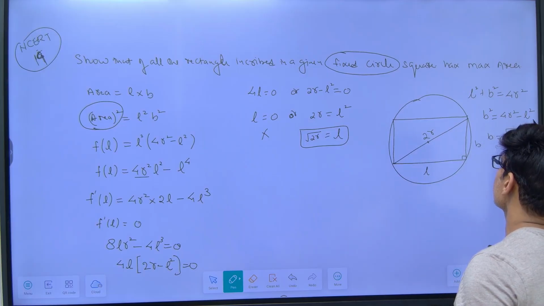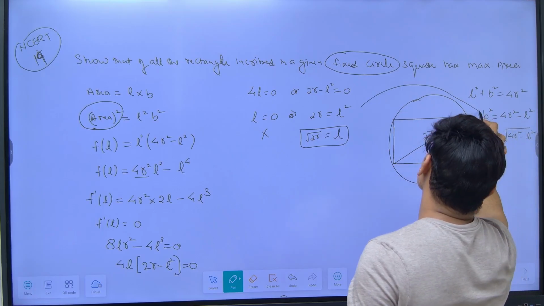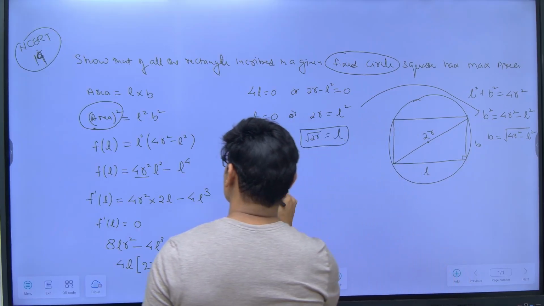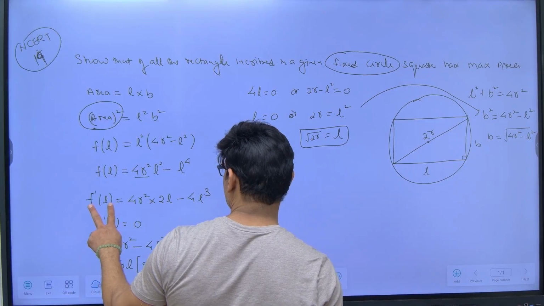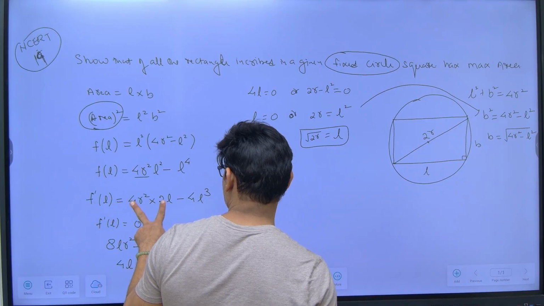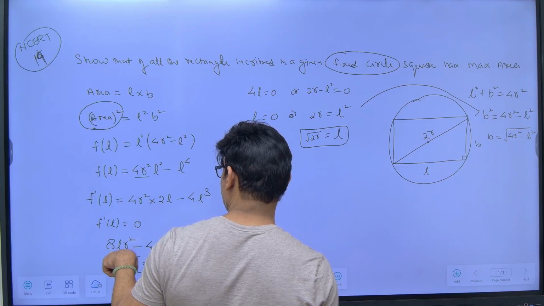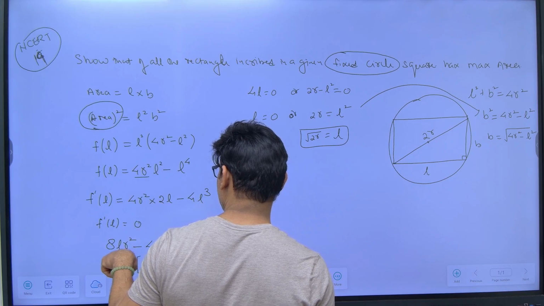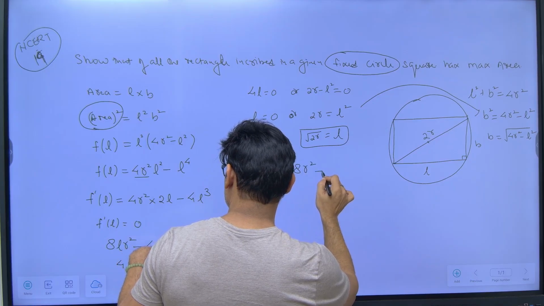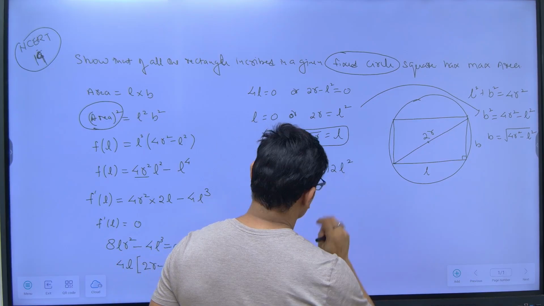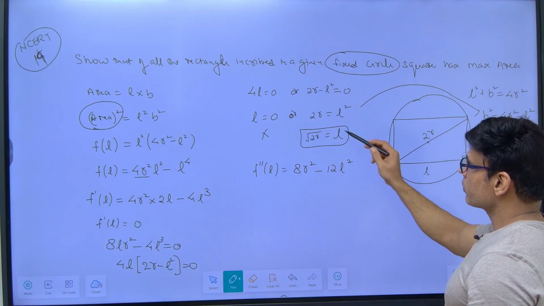Yeah, see the L square 4R square minus L square की जगह. Here you have to substitute. So you have to double differentiate this F double dash L. What is the second order derivative of this? This is already there, right? 8R square constant, L ka 1. So this will be 8R square minus 12L square, right? Yes. अब बेटा L square की जगह क्या डालोगे?